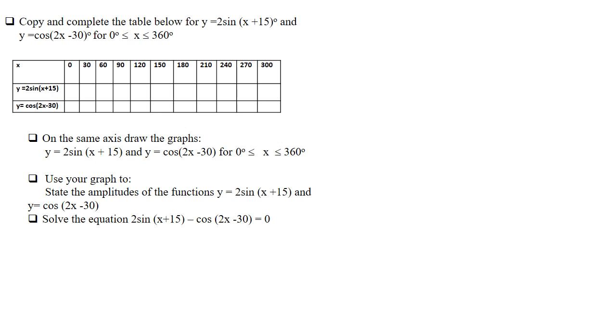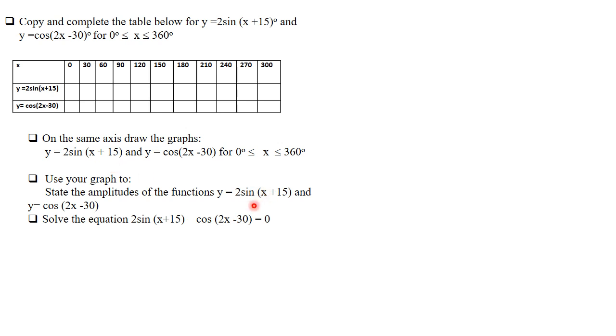We're told to copy and complete the table below for y equals that one there, and y equals cos of that one. And again, you're told on the same axis, draw the graphs for both of those curves for the interval from 0 to 360. I think here we were supposed to have had 270, 300, 330, and then 360. Again, use your graph to state the amplitudes of the functions.